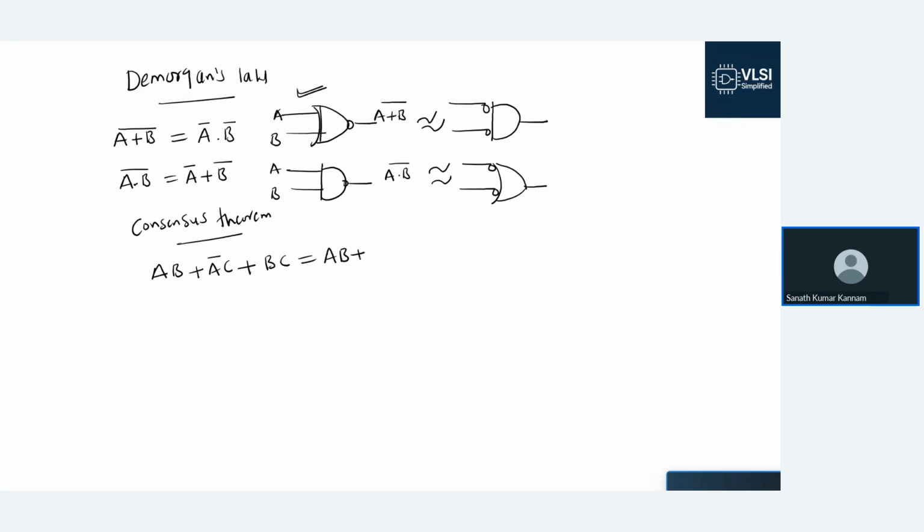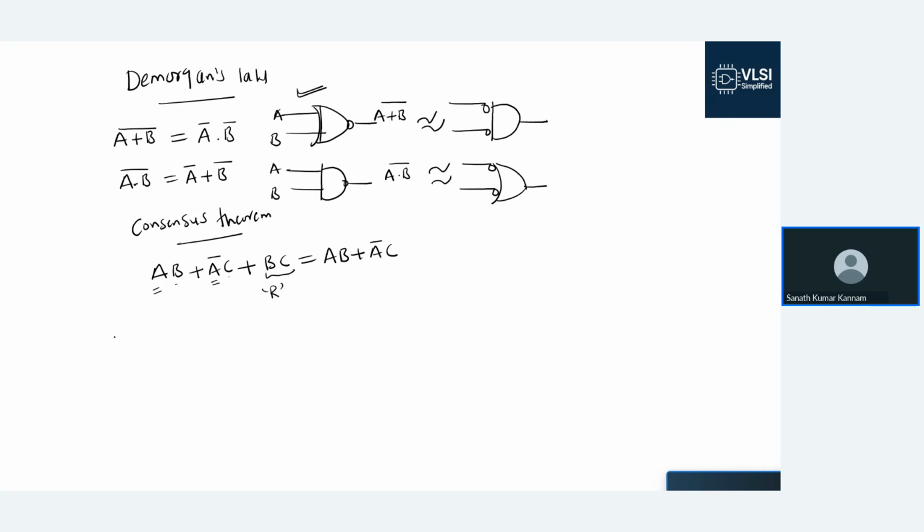AB or A bar C. So that means all the variables should be present in the equation, and one variable is the complement of another variable, and these two variables are repeated. So this becomes redundant. So AB or A bar C or BC, you can write as AB or A bar C.